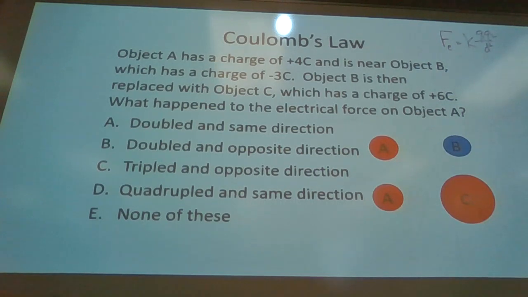Talk to your neighbor. Yeah. -3 to object C, which is +6. 9 divided by 3 is 3.